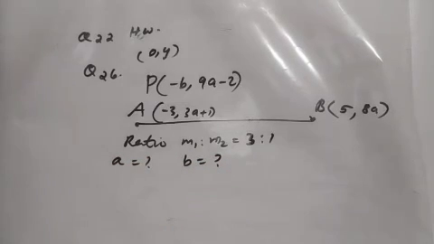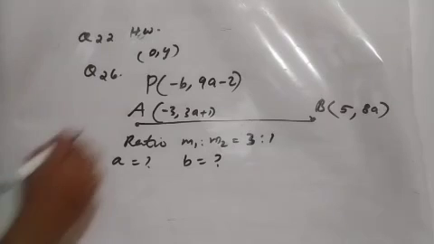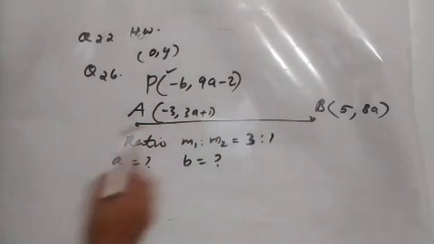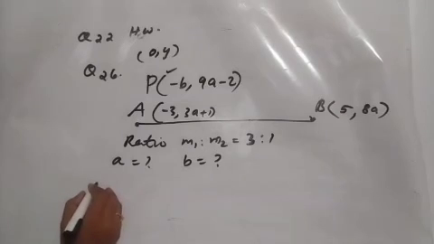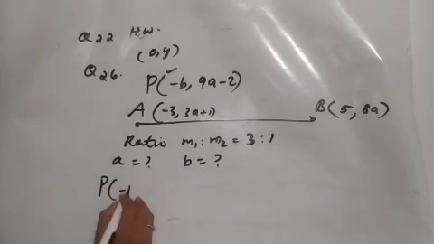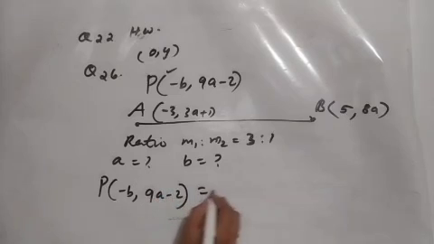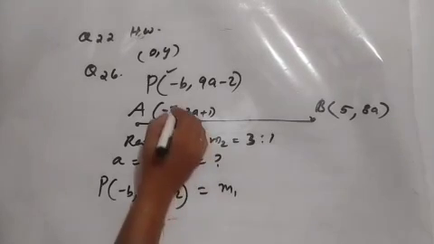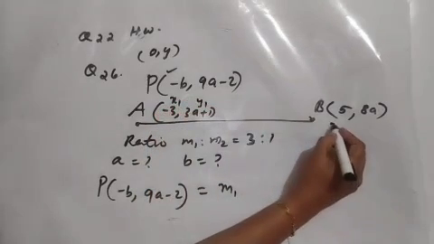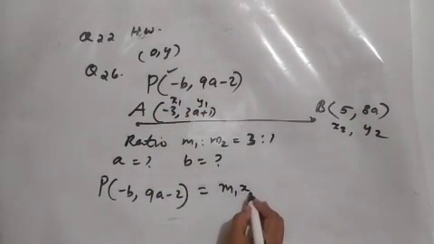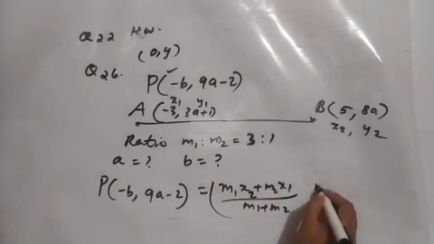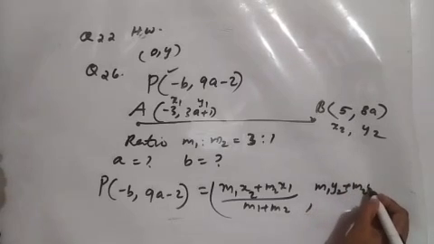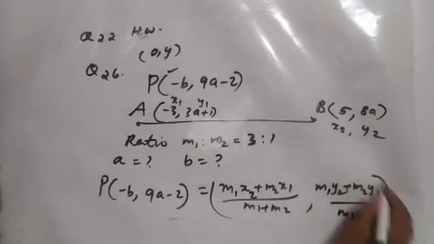How can we solve this problem? So direct problem only. The point is given. These two x1, y1 and x2, y2 are given. The ratio is also given. We can directly apply it in the section formula. Okay, so let us solve this. What is the section formula? P minus b, 9a minus 2 is equal to m1 x2 plus m2 x1 by m1 plus m2 and m1 y2 plus m2 y1 by m1 plus m2.